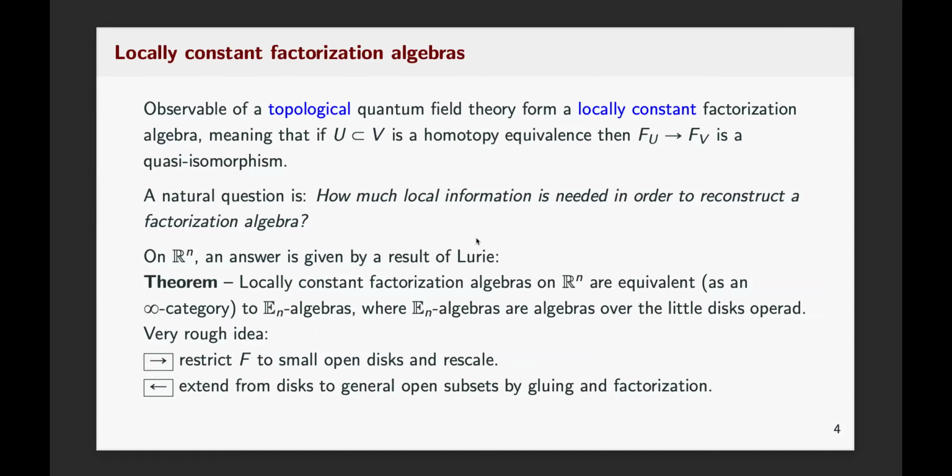And the gluing property is actually telling you that on a basis of the topology, I should rather say a factorizing basis, it's also completely determined by this. So basically on open disks. A factorization algebra on Rn is completely determined by the value it has on open disks.